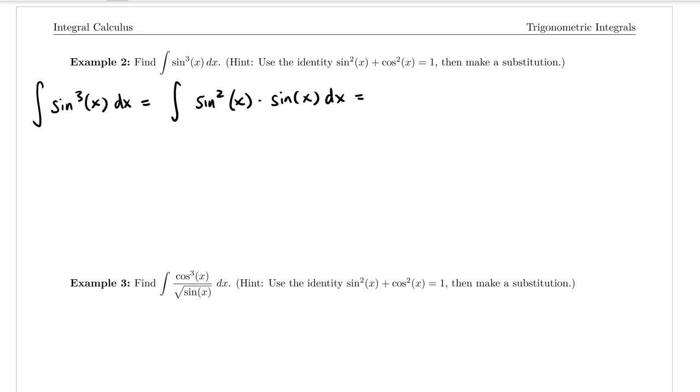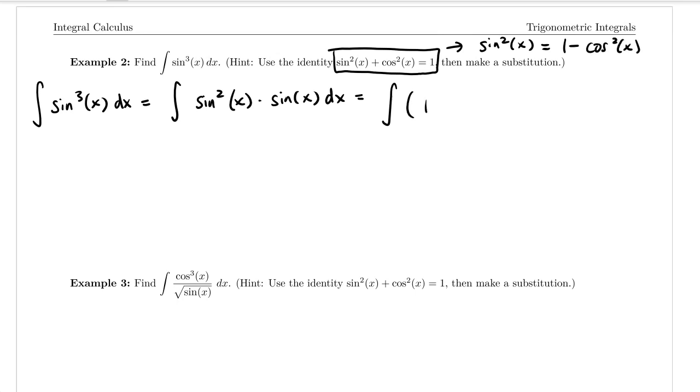And what that allows me to do is, if I take my Pythagorean identity and solve it for sine squared x, then sine squared x is equal to 1 minus cosine squared x. And so I can make that swap here.